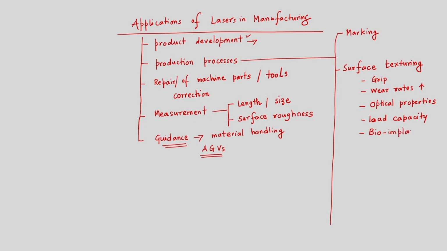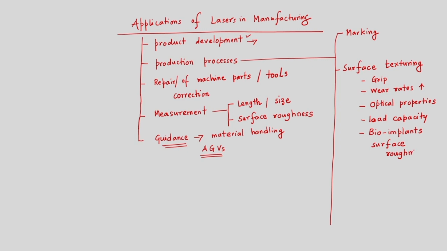are given with the surface roughness. The surfaces are made purposefully rough with a certain Ra value, certain roughness value. Why is this roughness given on the implants?